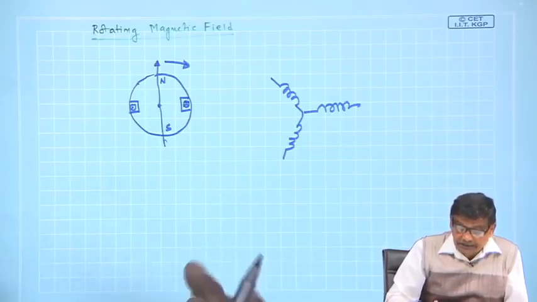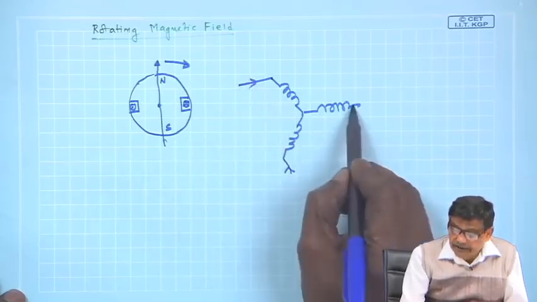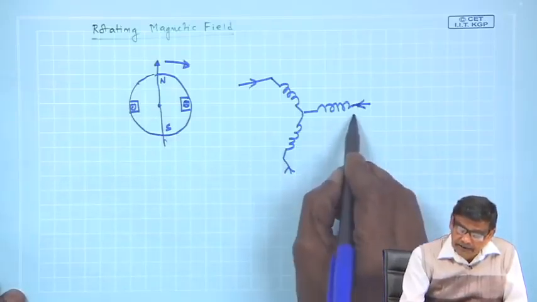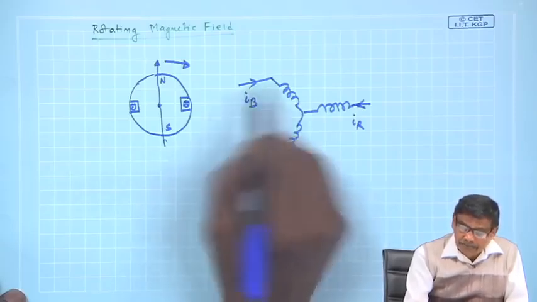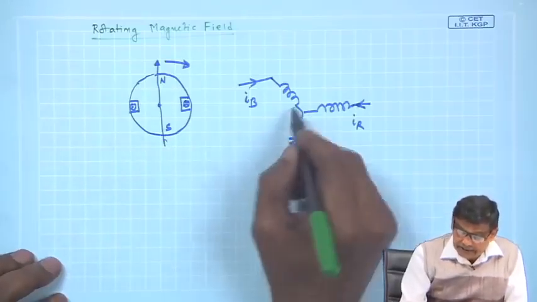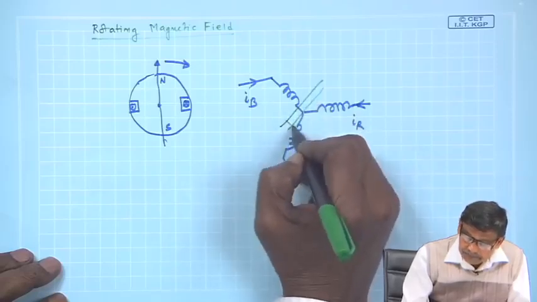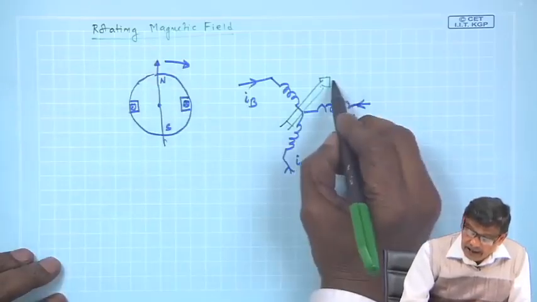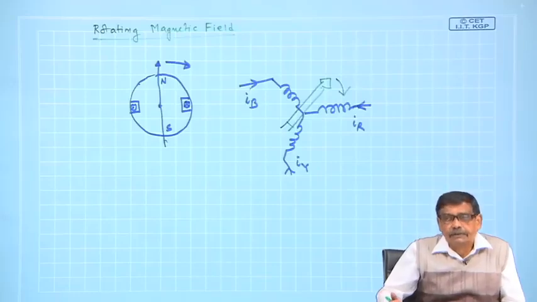The only thing he is asking is that you pass balanced 3 phase currents through these 3 coils, IR, IY and IB. If you pass, then you have created a rotating magnetic field, equivalent to this, and the field will move, coils are stationary.